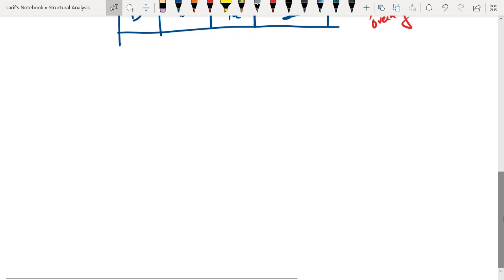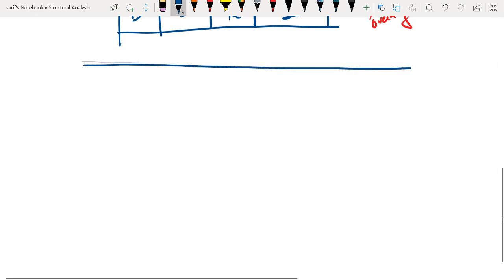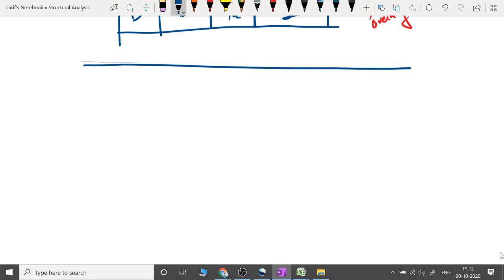So how do we do the moment distribution? We have to make a tabular form again, and this is a tabular form that we are going to consider.